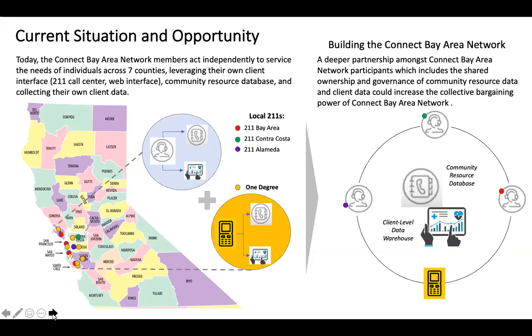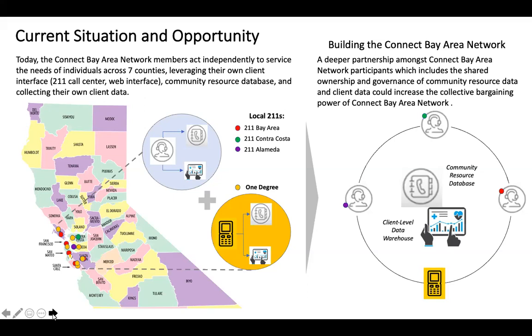And I think that there's some advantages for that, but also we saw that there was some competitive advantage by partnering with one another to understand the needs at a regional level. We also started engaging with groups like 1 Degree, which is another information referral platform, to understand what was happening outside of the 211 space.